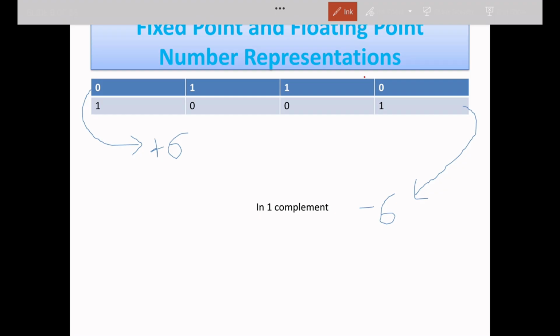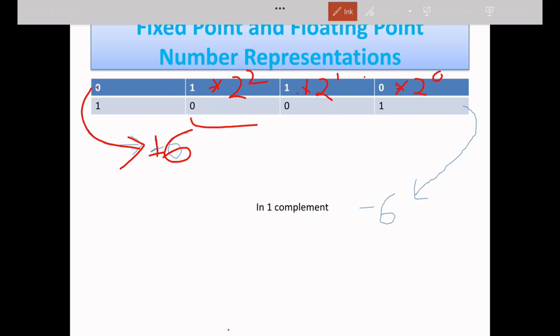So now you can see we have a number. This number, this is the first complement. You have plus 6. This is plus 6. You can check also the binary number: 0 into 2 power 0, 1 into 2 power 1, and 1 into 2 power 2.